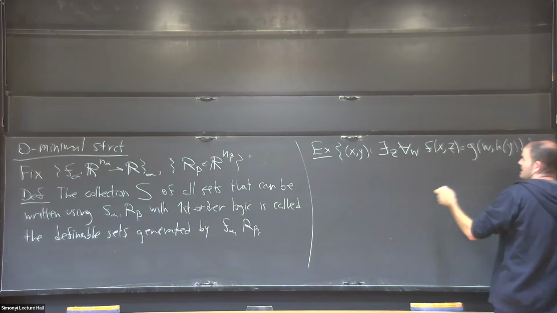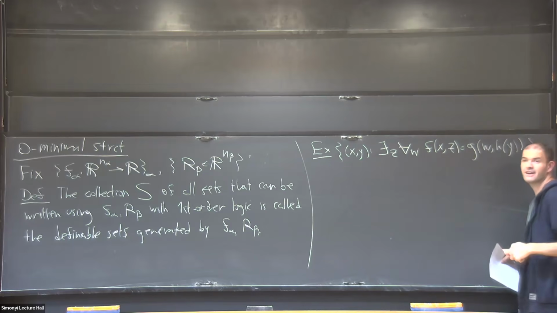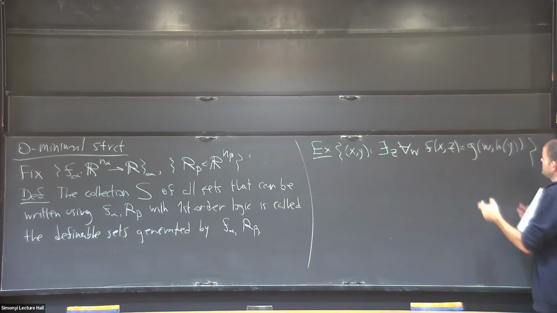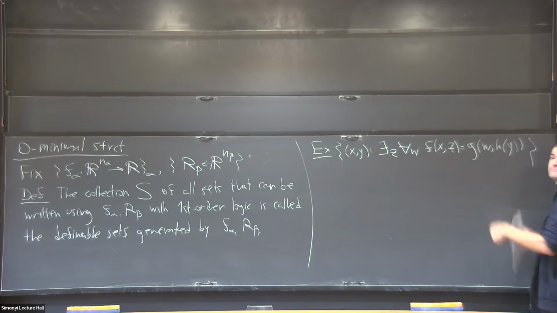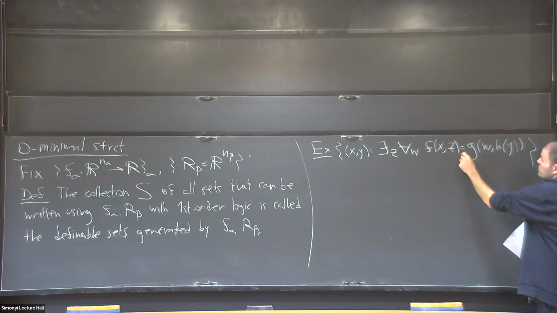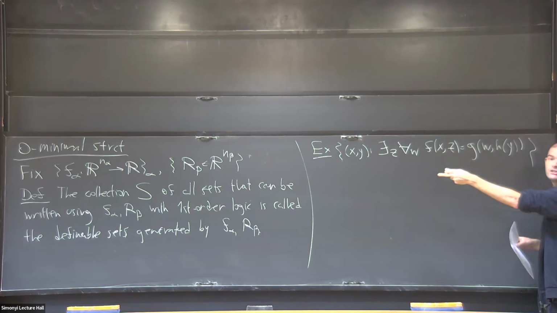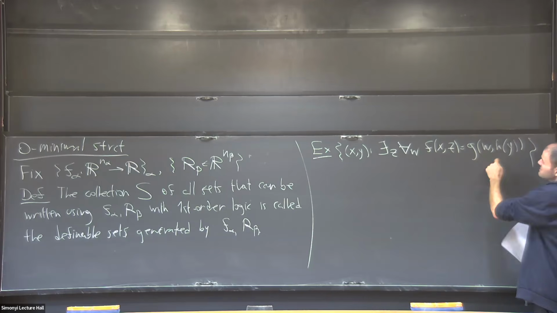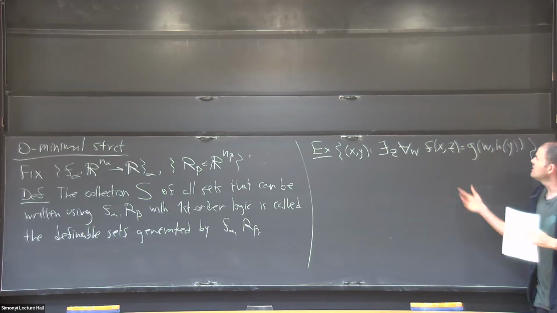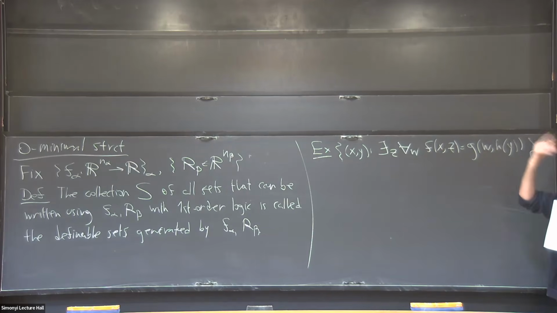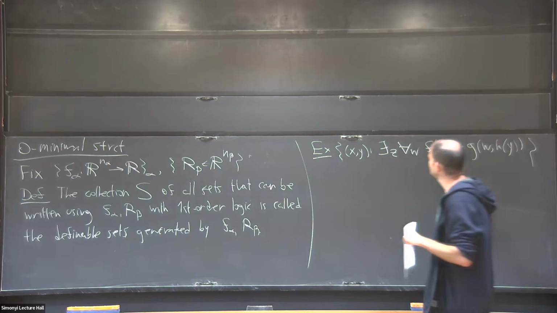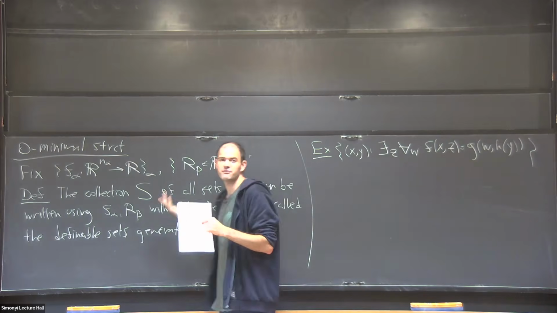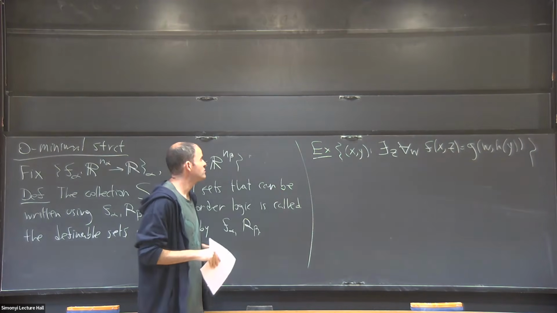You can write quantifiers, you can compose functions, and where I wrote equals here, this would be one of my relations. When I say this is equal to this, I'm saying that this pair F and G belongs to the graph of equality.